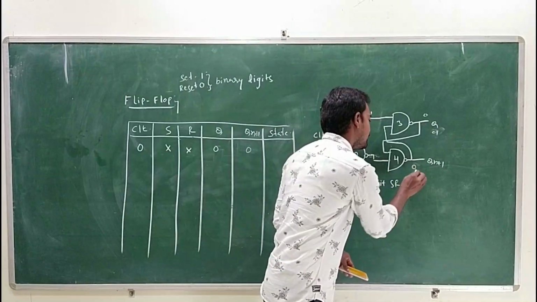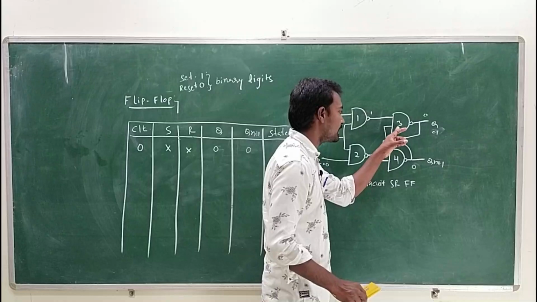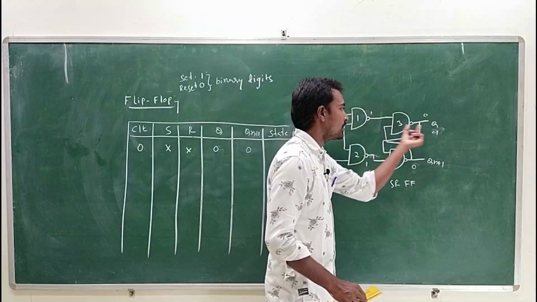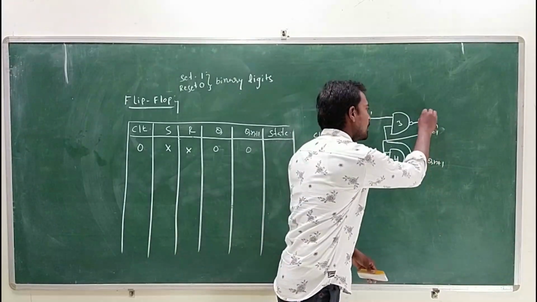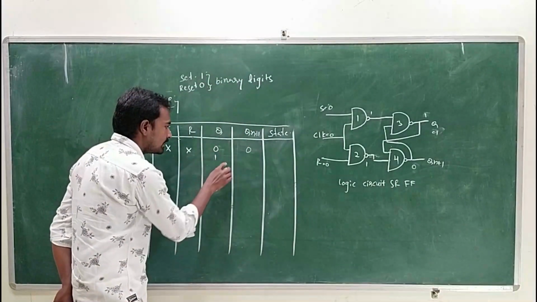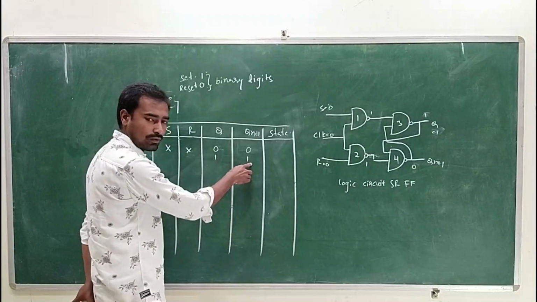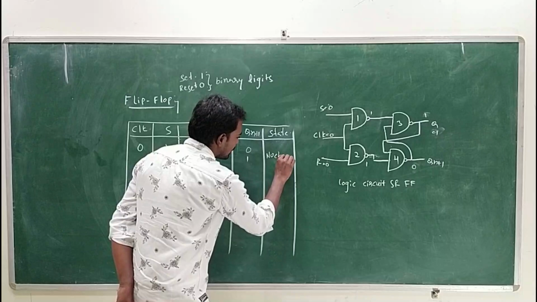So here I am getting 0 output, and this output is reconnected to the third NAND gate, and 0 cross 1 is equal to 0, 0 complement 1. So output is equal to 1. So when we are giving Q equal to 1, then we are getting the next state also equal to 1.